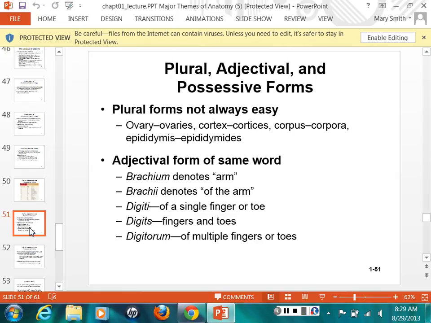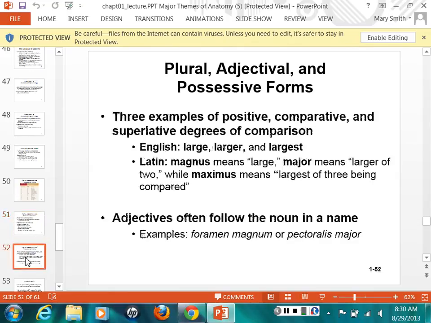Arm. Okay? Brachii, of the arm. So it's one of the muscles that's in your arm, the biceps brachii. It can't be in the forearm now. So you have to be able to differentiate between the forearm, the antebrachium, and the brachium or the brachii. Biceps brachii, right here. You got it? Does that make sense for now?